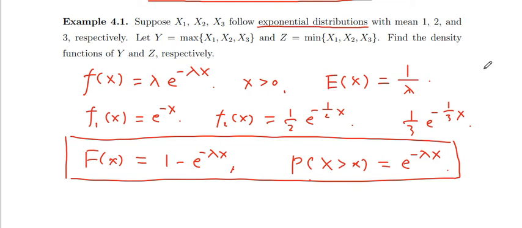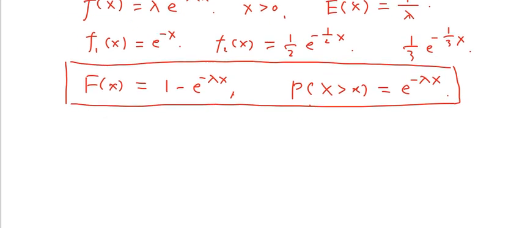Okay, so now suppose we want to find the density function of Y. At first, we find the cumulative function for Y, Y less than x. Y is the maximum, which means each one, X1 less than x and X2 less than x, right?